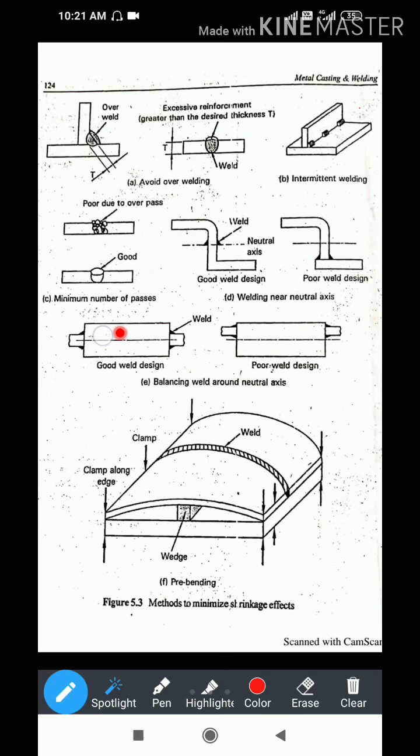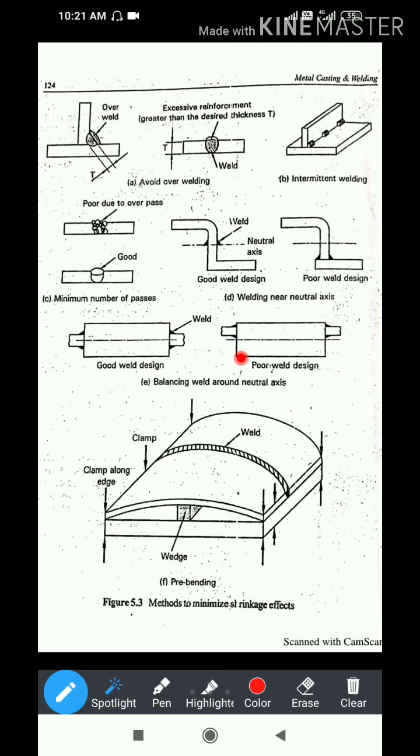If you consider the neutral axis properly for the welding, it is called a balanced neutral axis, and a balanced neutral axis gives a good welding design and good effects against shrinkage. This one is unbalanced because it is above or below the neutral axis.